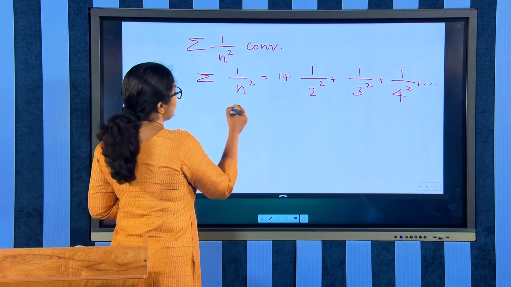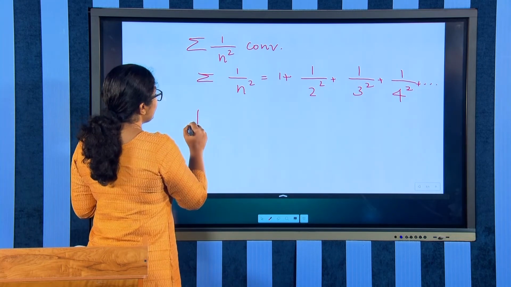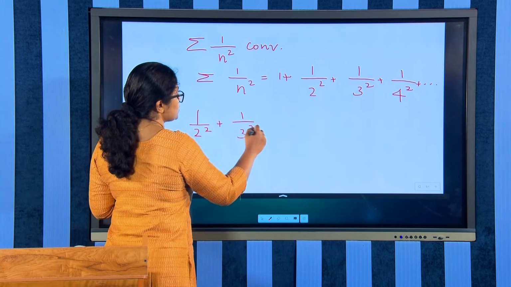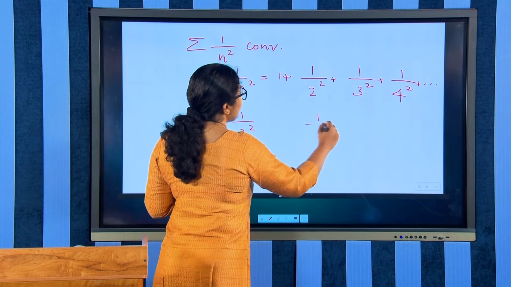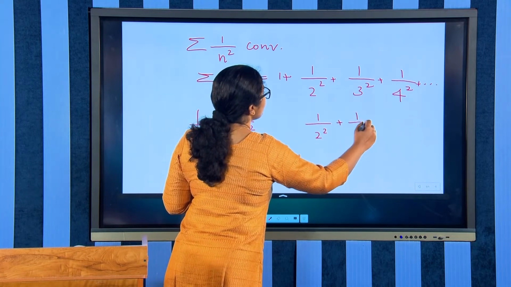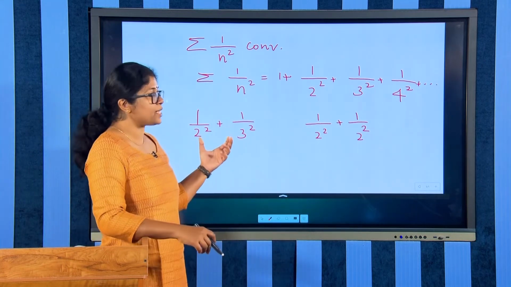So let us look at the terms of the series. The first one is 1 itself. The two terms 1 upon 2 square and 1 upon 3 square are replaced by the terms 1 upon 2 square and 1 upon 2 square itself. So what happens to the LHS?